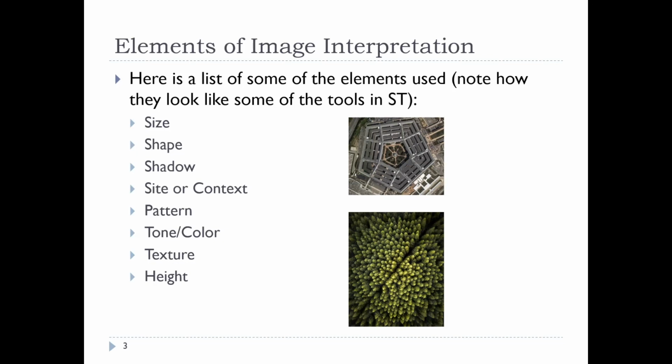Instead, I would call that a natural stand of conifer forest. Okay, so I've looked at the pattern, I've looked at the color, I've looked at the shape. So I've put a bunch of those things together. You could argue that I could look at height and texture as well there. Okay, so that's the idea of these elements of image interpretation.